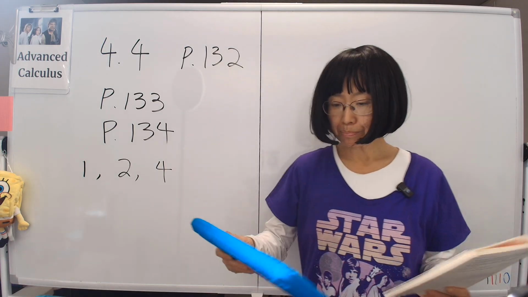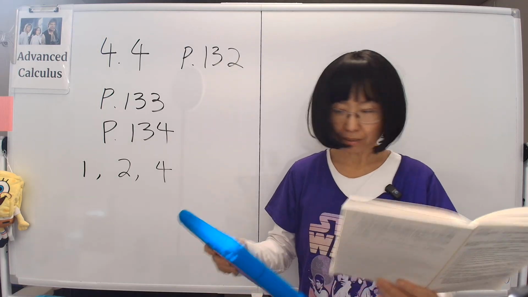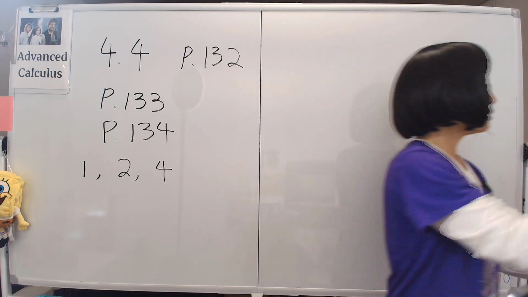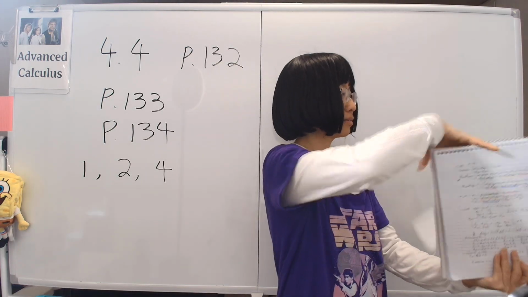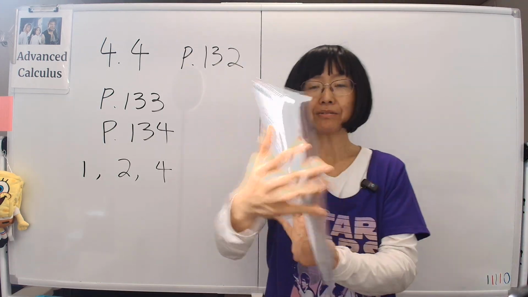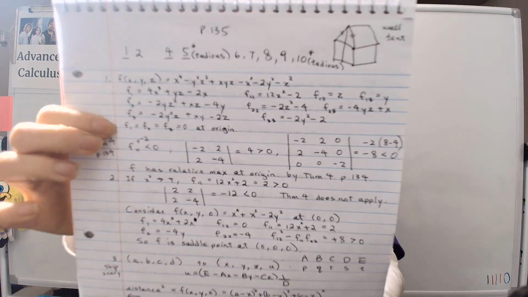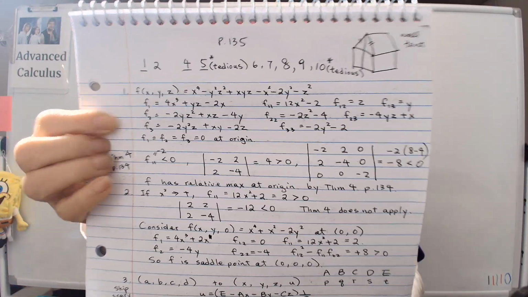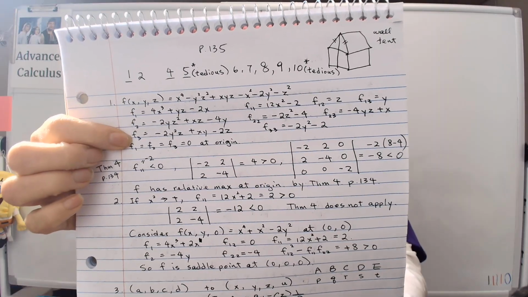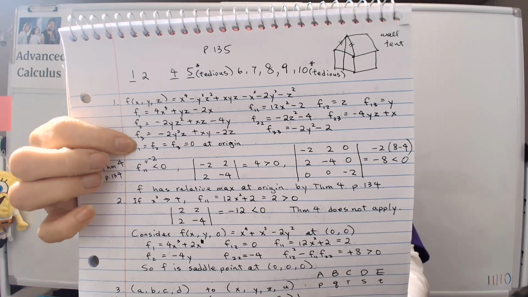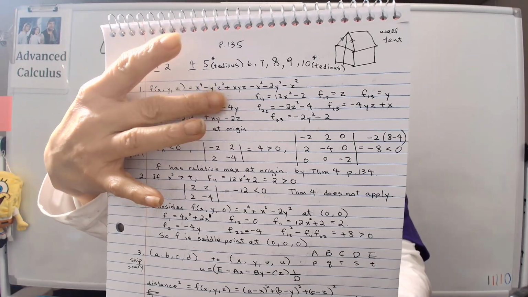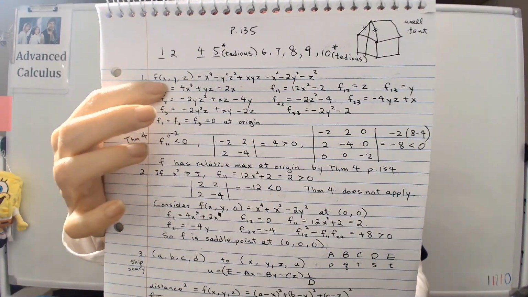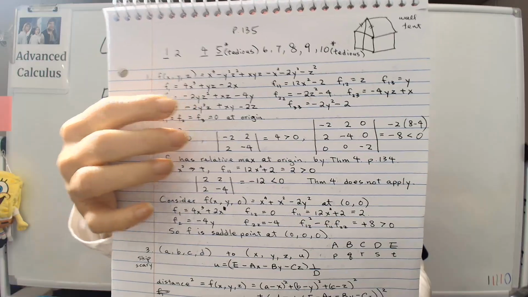So let's look at problem 1. Let's see, where is it? Let me find my notebook. Problem 1, okay, right here, which is similar to the example in the book. We need to apply theorem 4, which means we have to calculate f1, f2, f3, and then all the partial derivatives on the other side, and then plug in x. We're calculating at the origin, which makes things a bit easier.